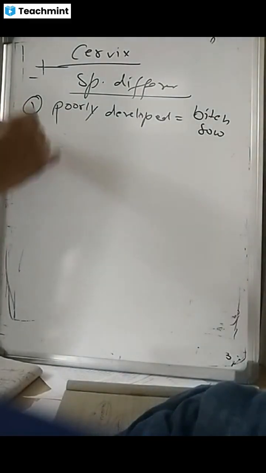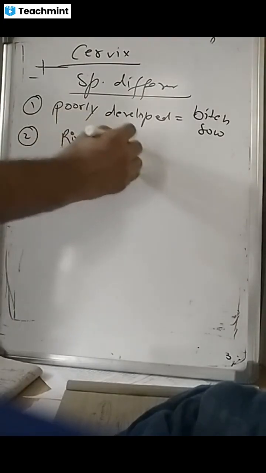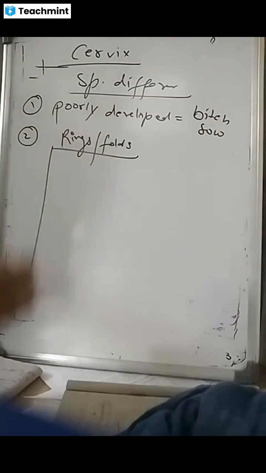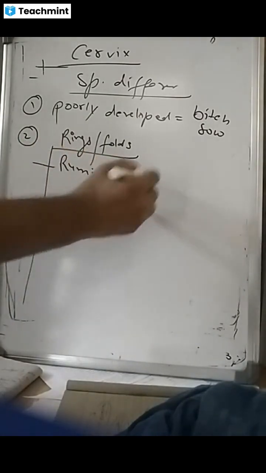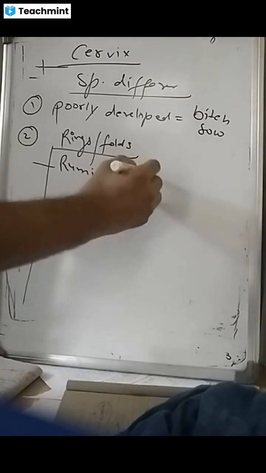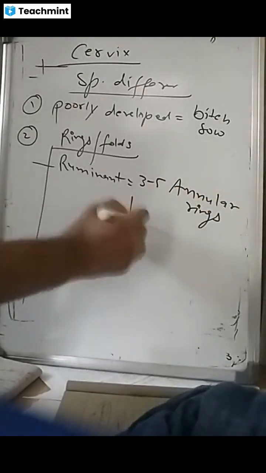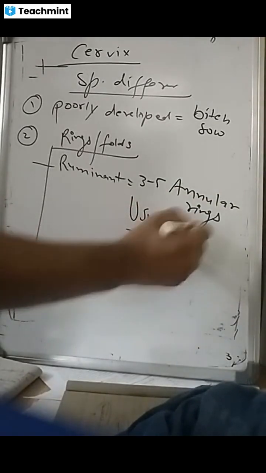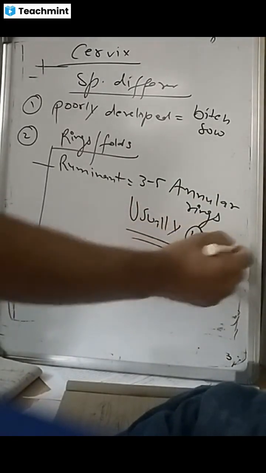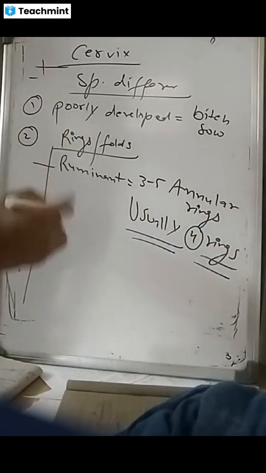Second, rings or folds. If we look in case of ruminants, they have annular rings, but if the number is asked, then the answer will usually be 4 rings. That is in case of ruminants.